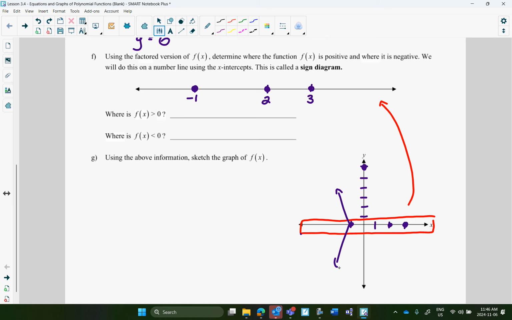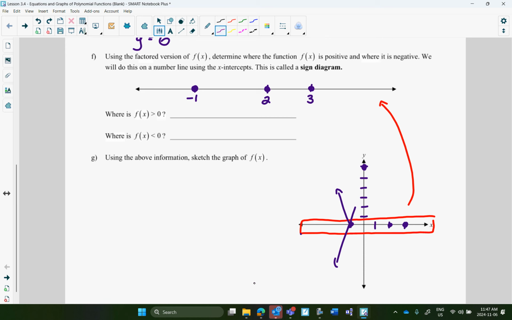I'm not sure. I do know that if it goes down like this, it's going to go through up here and probably hit that. But I'm not sure. I got to figure out, is it above the x-axis, positive, or is it below? How do I test that? How do I see whether it's above or below on this side of -1?